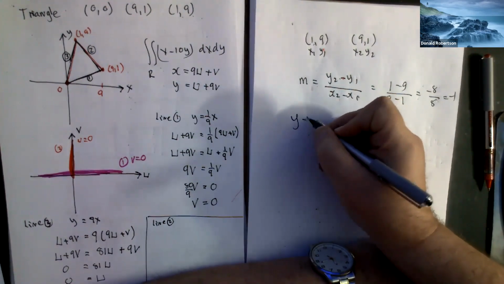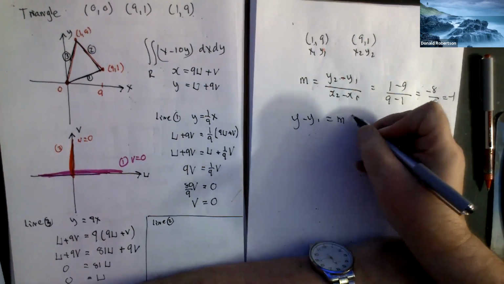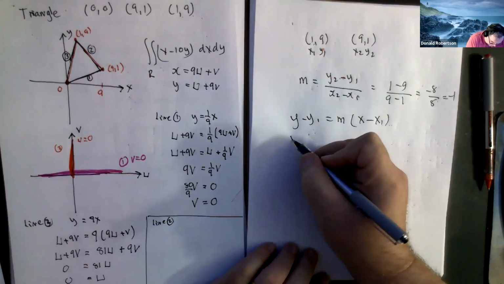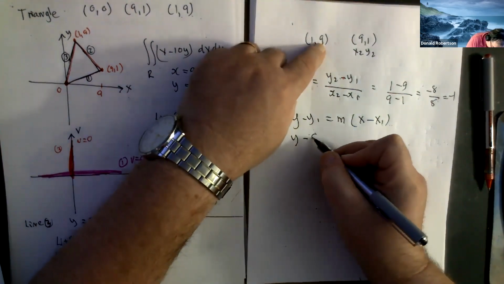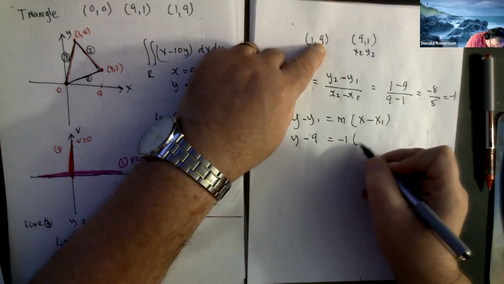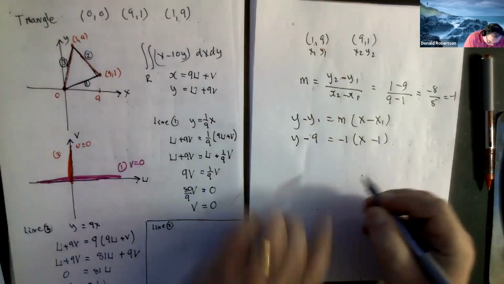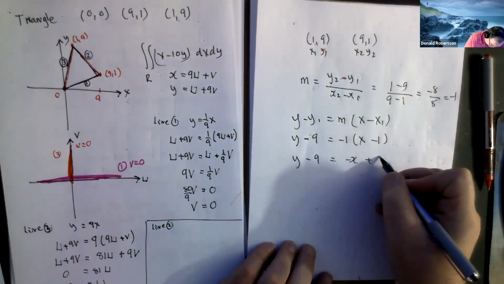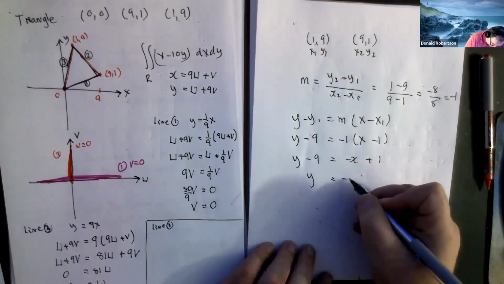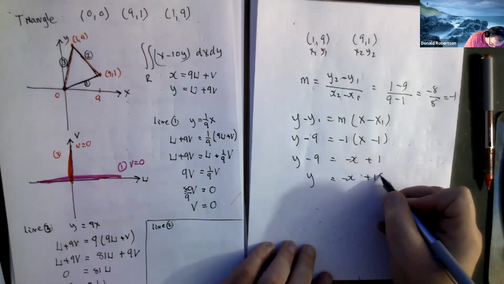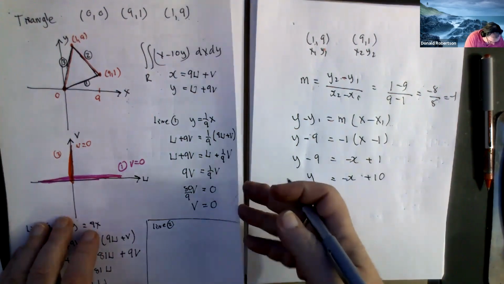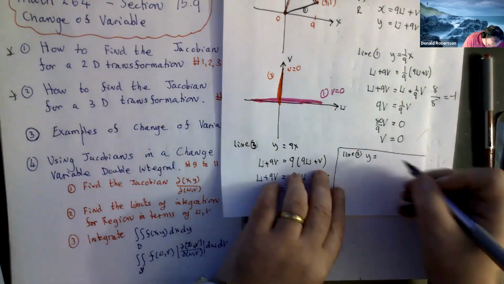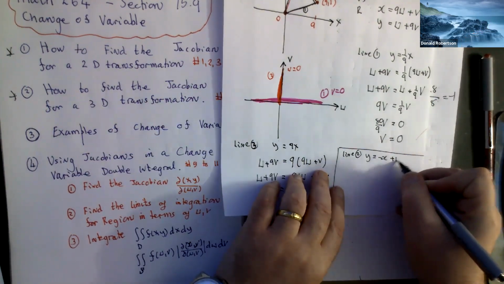And then I'll use the point slope equation. y take away 9 is -1 times x take away 1. y take away 9 is -x add 1. y is -x add 10. Okay. So we have y equals -x add 10.